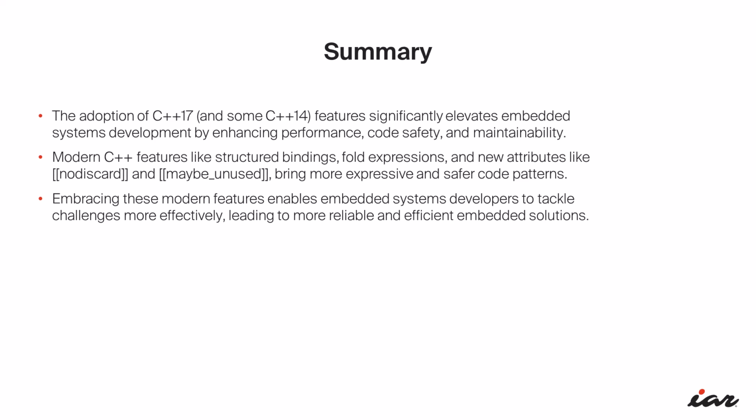You will get modern C++ features like structured bindings, fold expressions, and new attributes, for example. And by embracing these modern features, it will enable embedded systems developers to tackle challenges more effectively, leading to more reliable and efficient embedded solutions.